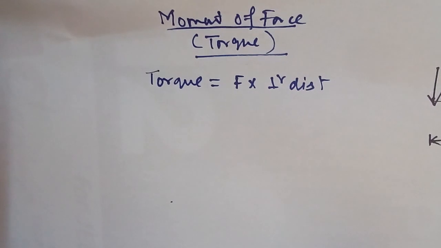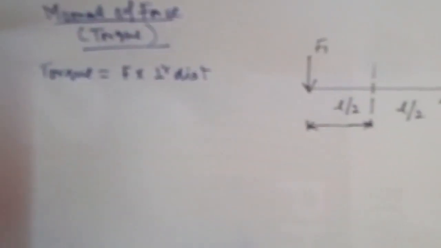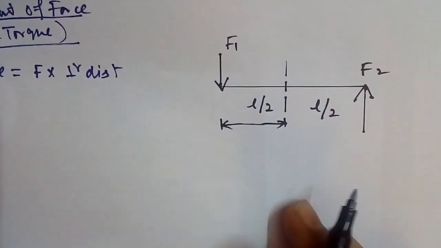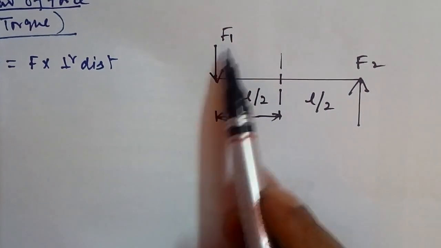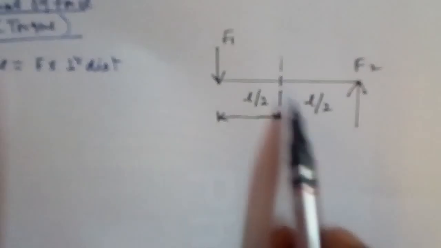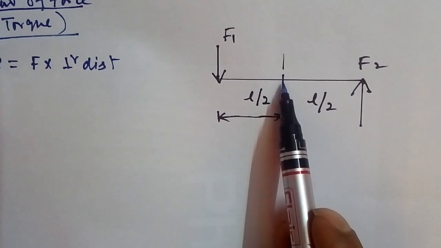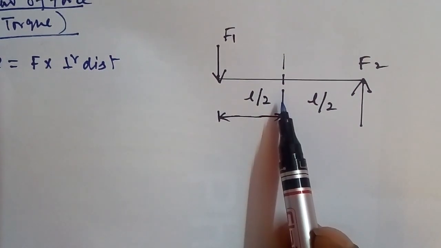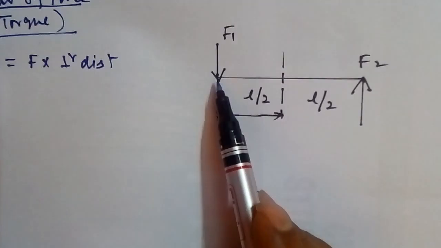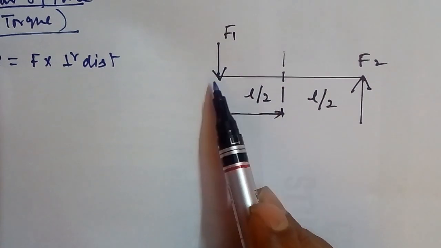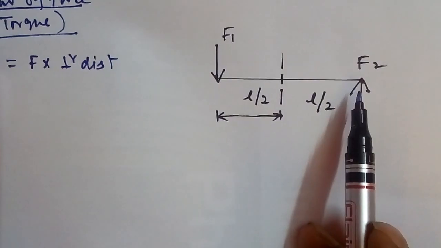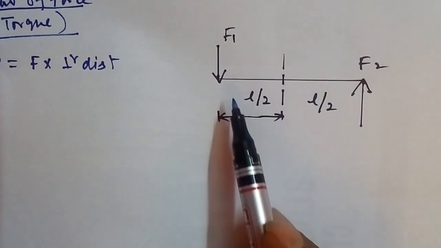From this particular figure, you'll understand that there are two forces acting at a distance from the axis of rotation. Say this is your axis of rotation. This distance is L by 2. The force acting here is F1 and similarly here the force acting is F2.